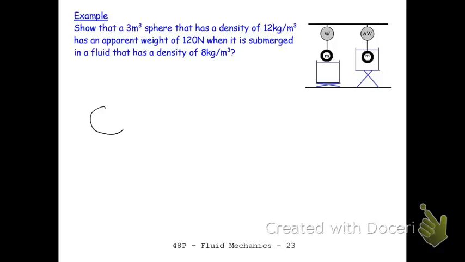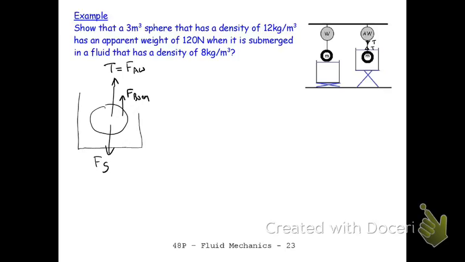So we have the Fg, that's the weight, and then we have our tension, which equals the apparent weight. The apparent weight is what it seems to read when it's surrounded by fluid, and that is the same as the tension, thinking back to our connected masses. And then we have our buoyant force, which is there because we're surrounded by fluid.